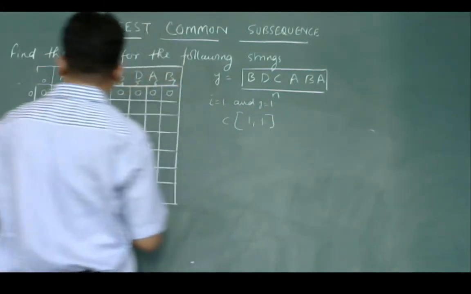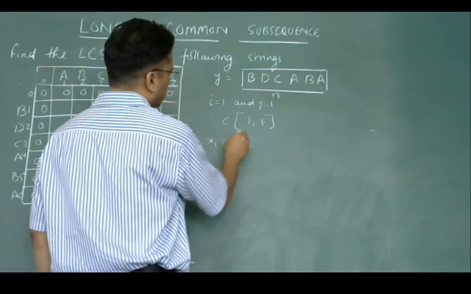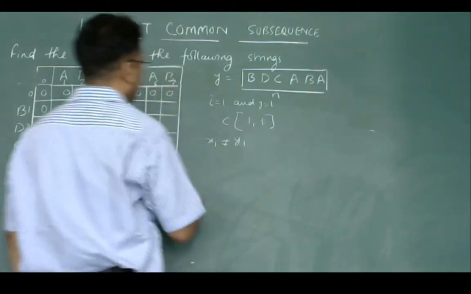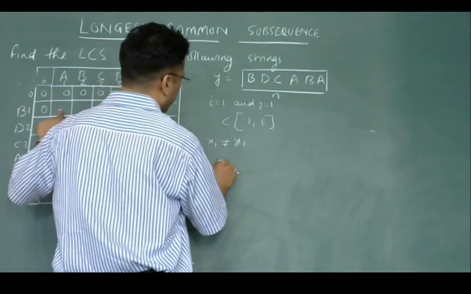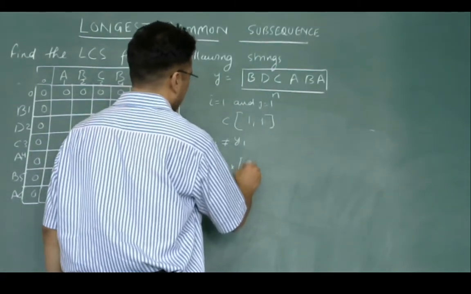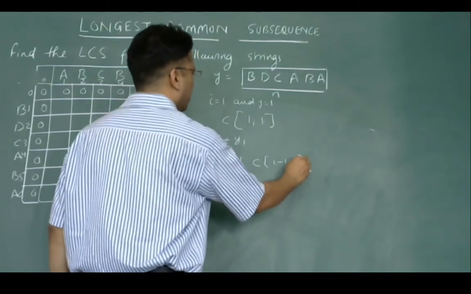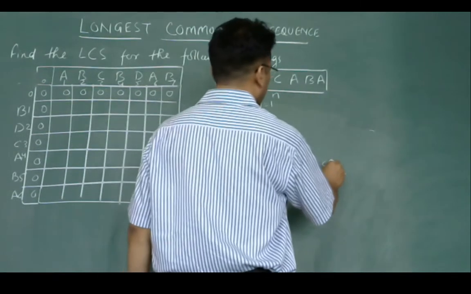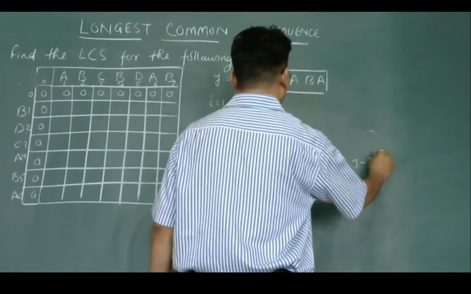Here one is b and another one is b... xi is not equal to yi. So for this position, when they are not matching, it would be the max of c[i-1, j] and c[i, j-1], right?